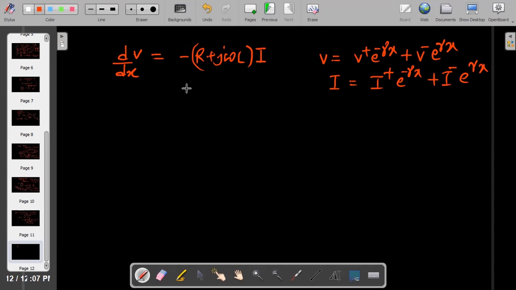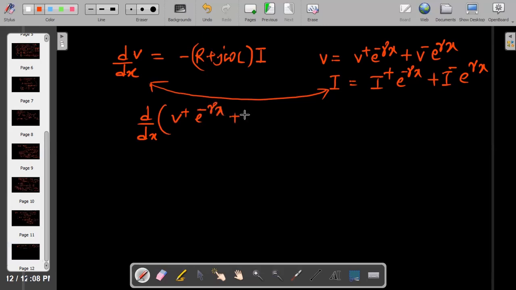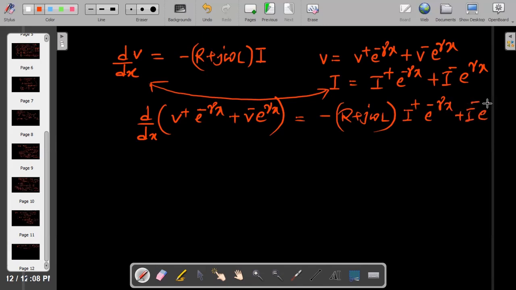Correct? Now just replace these two equations. d/dx of V plus e to the power minus gamma x plus V minus e to the power plus gamma x equals minus (R plus j omega L) into I plus e to the power minus gamma x plus I minus e to the power plus gamma x. Now do the differentiation.